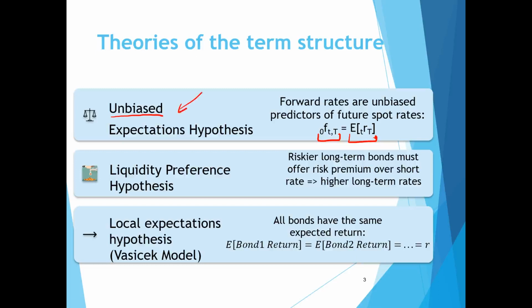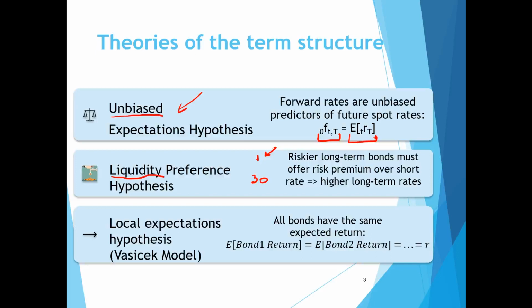Now, a second term structure theory is the one where you have preferences for liquidity. So riskier long-term bonds must offer a risk premium over the short rate. Why? Well, if I ask you when do you want to receive your money, in 1 year or in 30 years, you're going to say in 1 year, I don't want to wait that long. So you have a liquidity preference.